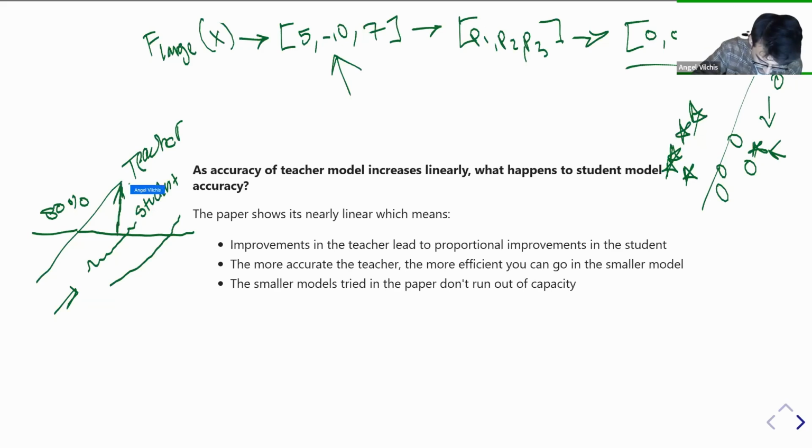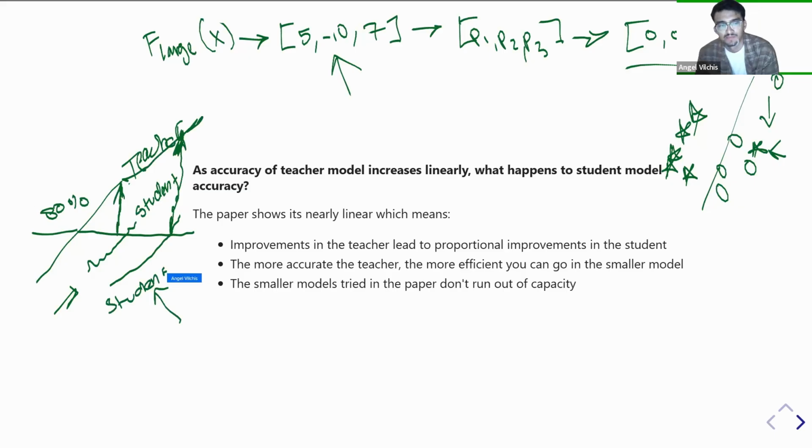But if we have a strong teacher, let's say we can achieve this accuracy here on this teacher. Then we can have an even more efficient student with the same 80% accuracy.